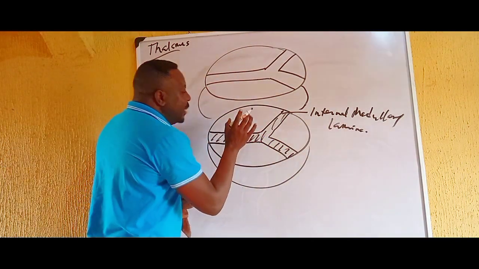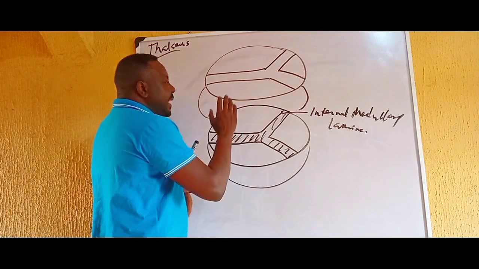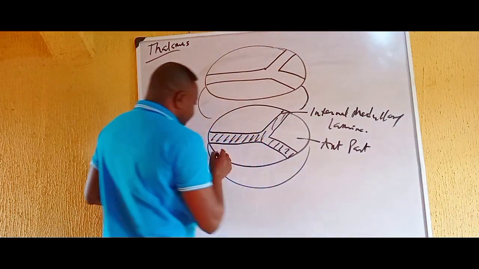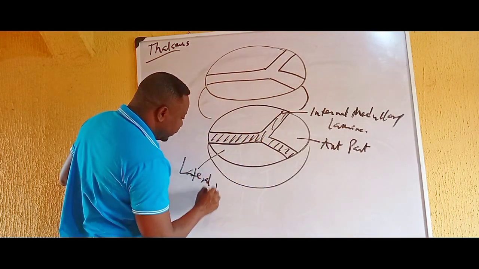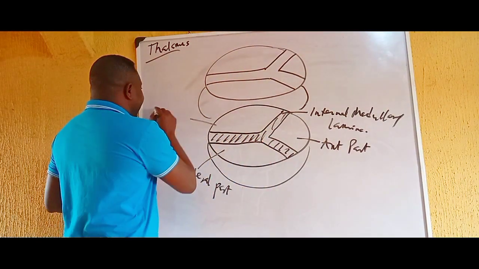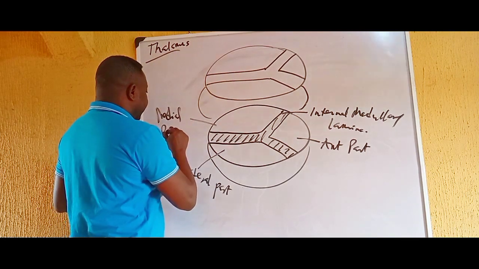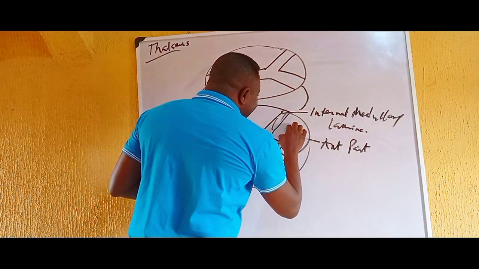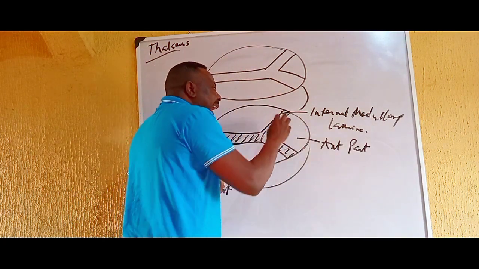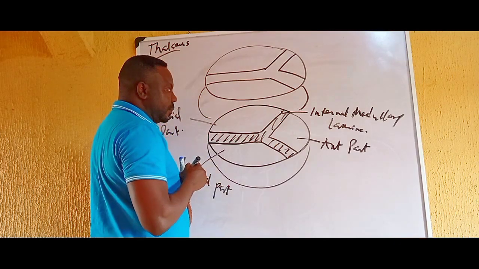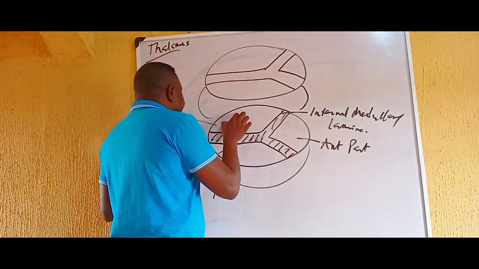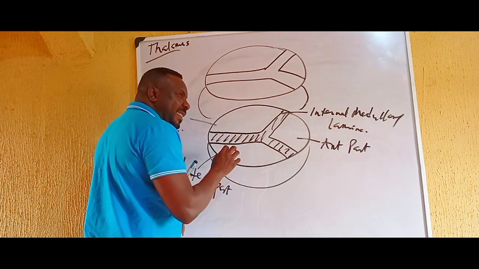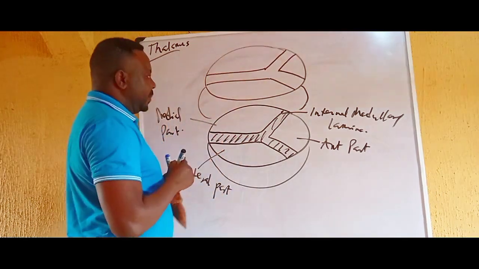So, the internal medullary lamina divides the thalamus into an anterior part, lateral part, and a medial part. Now, the anterior part contains the anterior group of nuclei. The medial part contains the medial group of nuclei. And the lateral part contains the lateral group of nuclei.